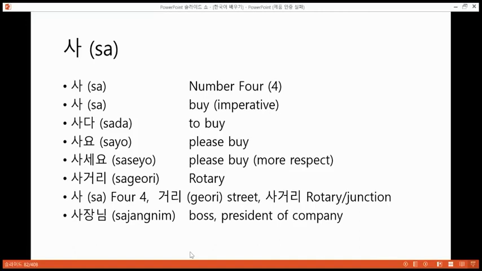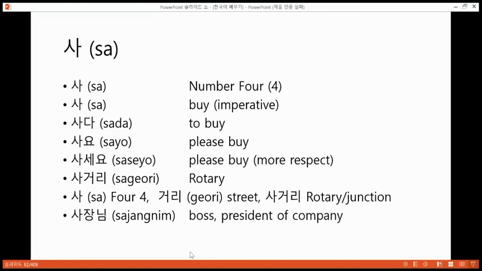Okay, try to find. Okay, sada. Sada is the basic verb to buy. 사요. I buy, do you buy, or please buy. How do you make it more respect? Change yo into 세요. 사세요.